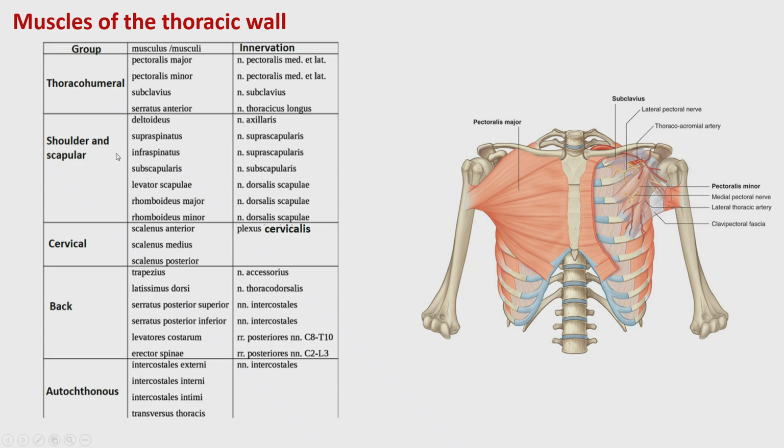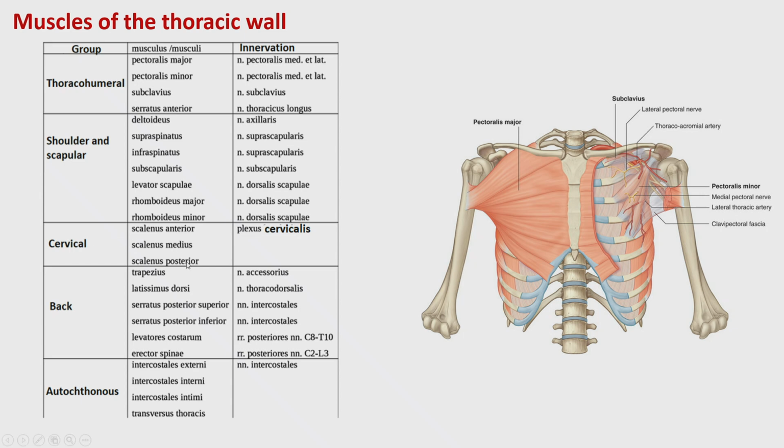The shoulder and the scapular region muscles you already know from the upper limb: deltoid, supraspinatus, infraspinatus, and so on. For the muscles coming from the neck region, the deep muscles are the scalenus muscles.